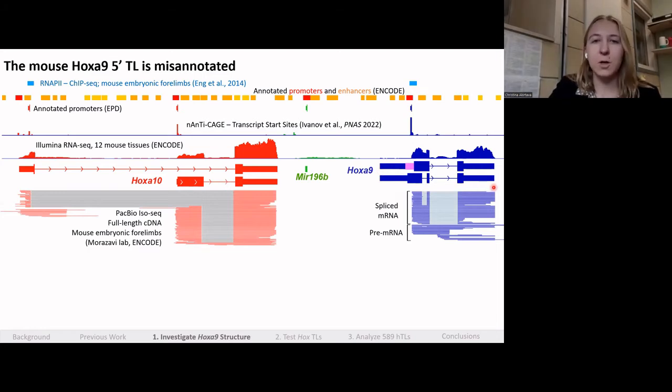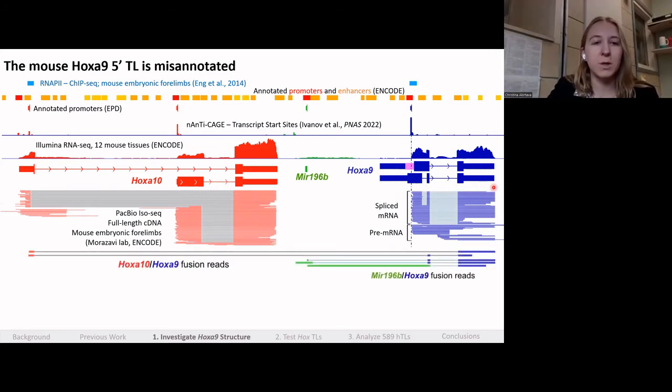And looking further, there are some fusion reads actually that merge the HOXA9 with upstream genes, for example, this HOXA10, HOXA9 fusion. So this supports a shorter version of the HOXA9 transcript leader and shows that this longer transcript leader is actually misannotated.